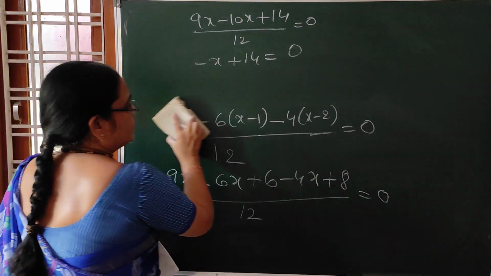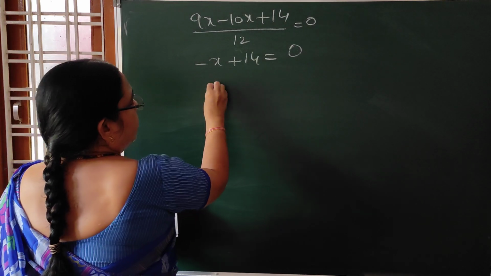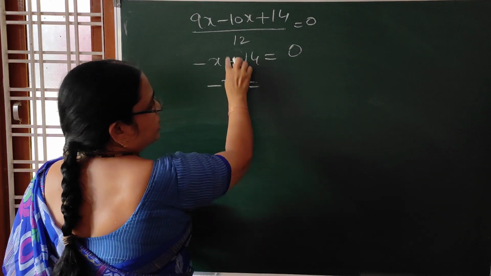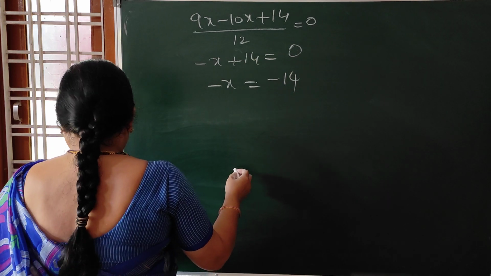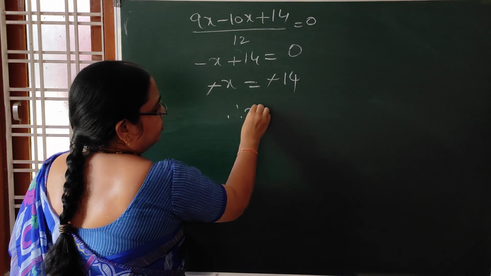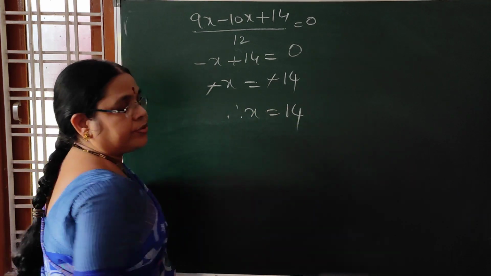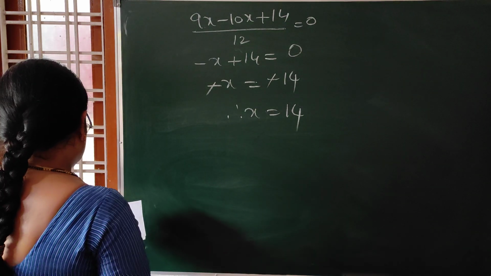So, minus x is equal to, plus 14 is going that side, becomes minus 14. Minus minus gets cancelled. Therefore, x is equal to 14.